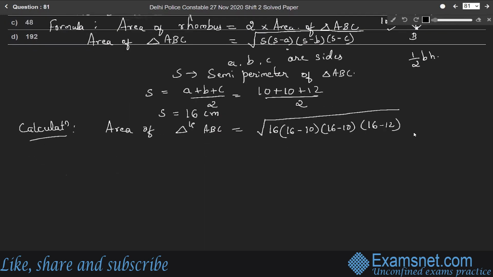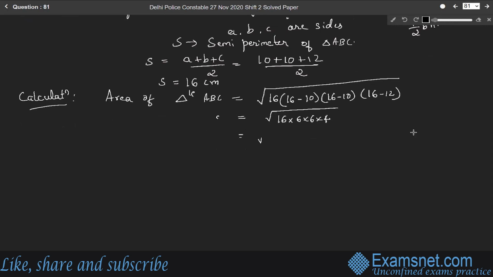S into S minus A into S minus B into S minus C. Therefore, area of triangle ABC is square root of 16 into 6 into 6 into 4, which is square root of 96 into 24, so area of triangle ABC is equal to 48 centimeters square.